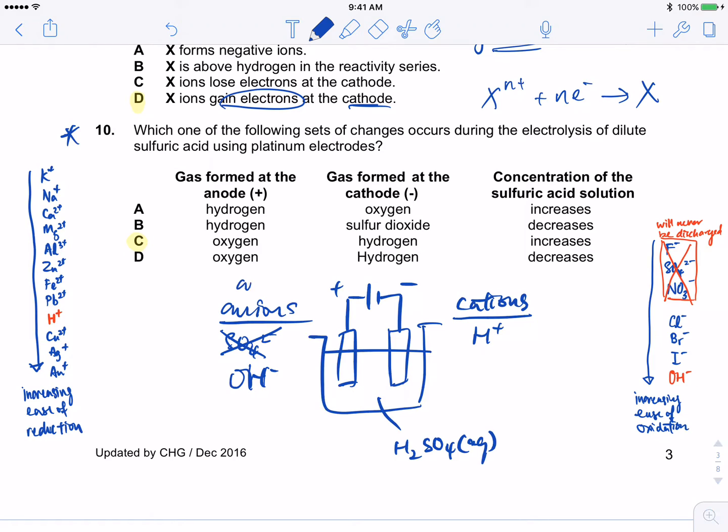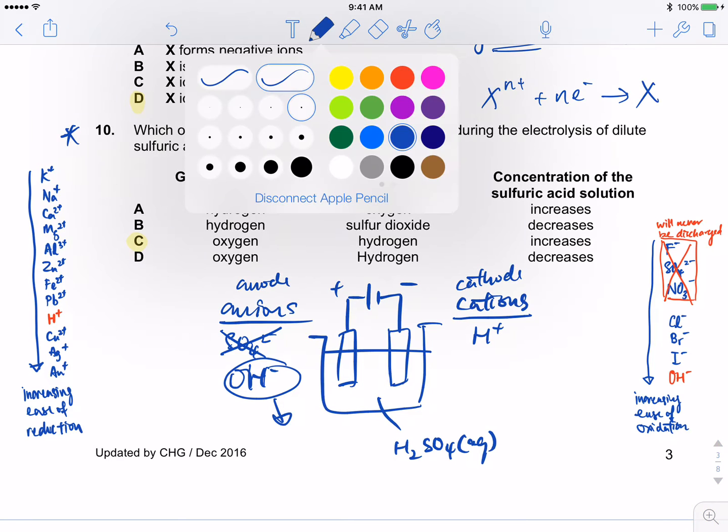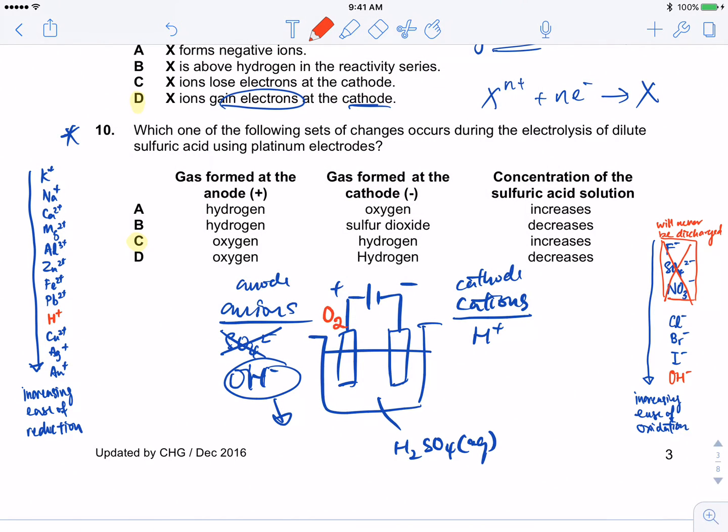Anode is here. This is the cathode. At your anode, it gives you oxygen gas here and hydrogen gas here. So you look for oxygen at the anode, hydrogen at the cathode. So we are left with C and D.